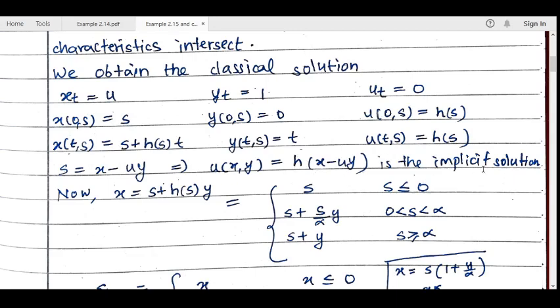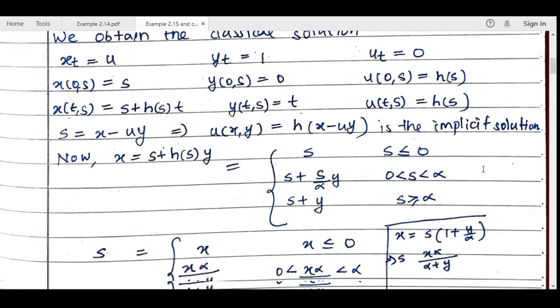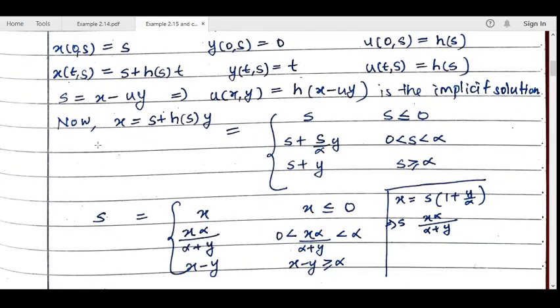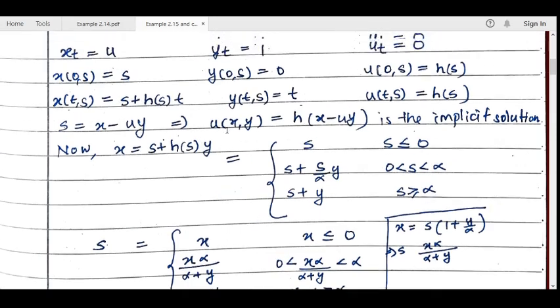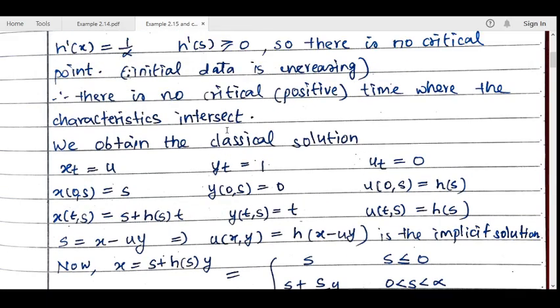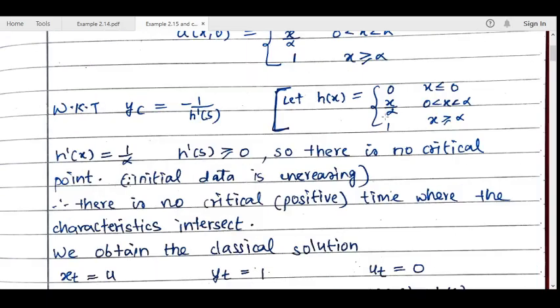Now we will try to write u explicitly. For this we have to see the projections. We have x is equal to s plus h of s y. This t is y. Now what is h of s? We already have what is h of s here. This is the initial data, this is h of s.